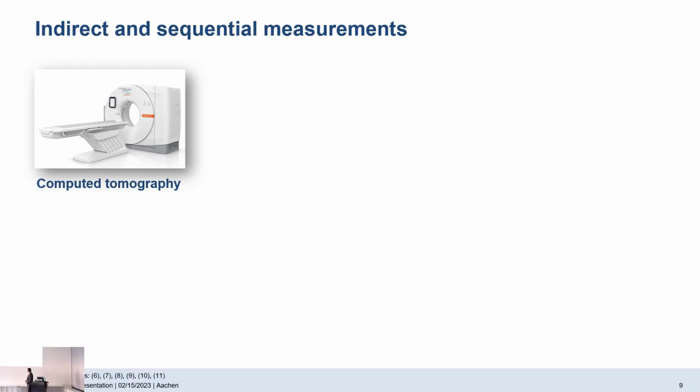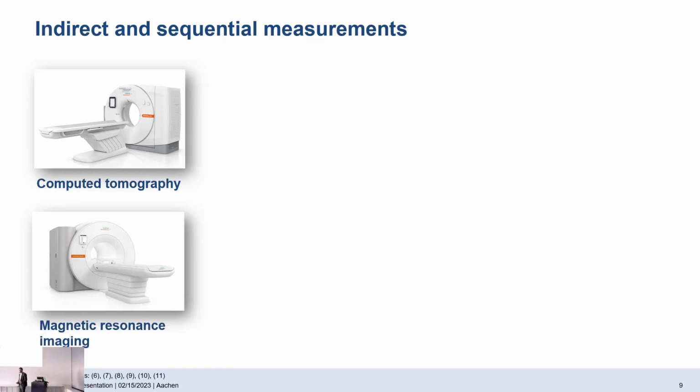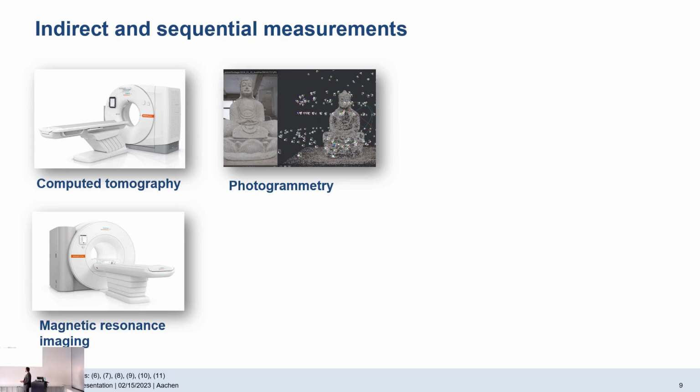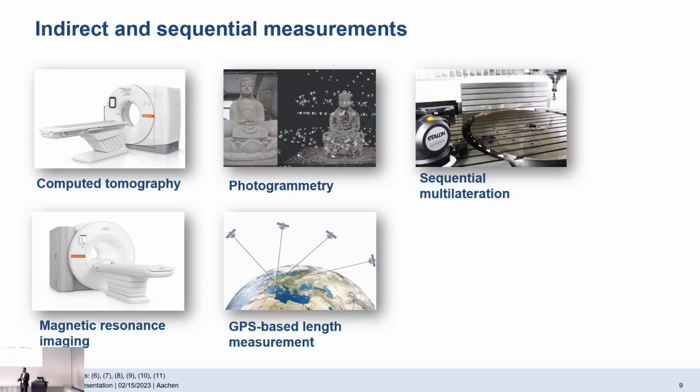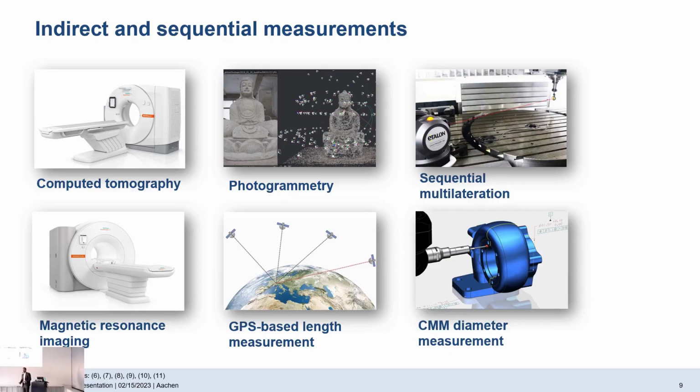And what are exemplary measurement systems? I will name a few of them so that you get a variety. For example, computed tomography, or magnetic resonance imaging, or photogrammetry, or the GPS-based length measurement, which we saw in the introduction, or from a production technology domain, sequential multilateration, which is a calibration technique for machine tools, or simply a CMM diameter measurement.